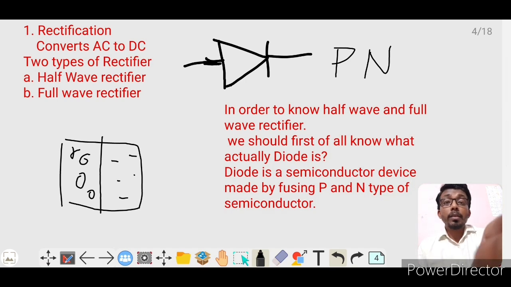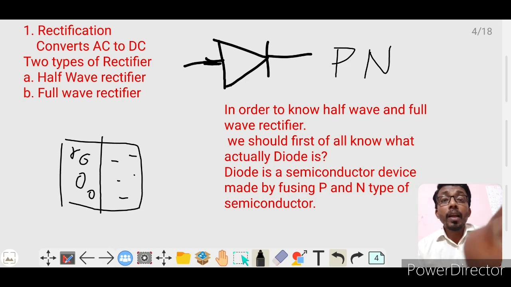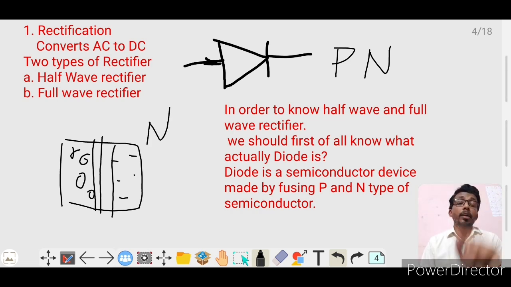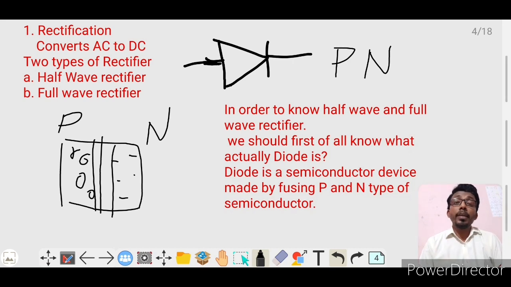As the PN junction diode is formed, we will have a depletion layer. Depletion layer means, see, we are having N type semiconductor where electrons are majority, P type semiconductor where holes are majority, but this depletion layer, I will draw it in another color.